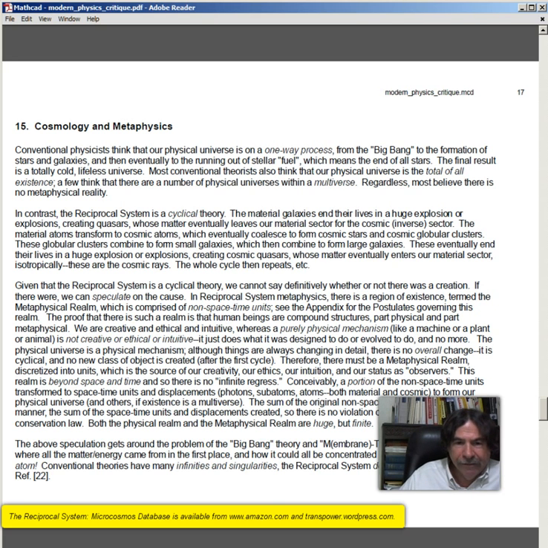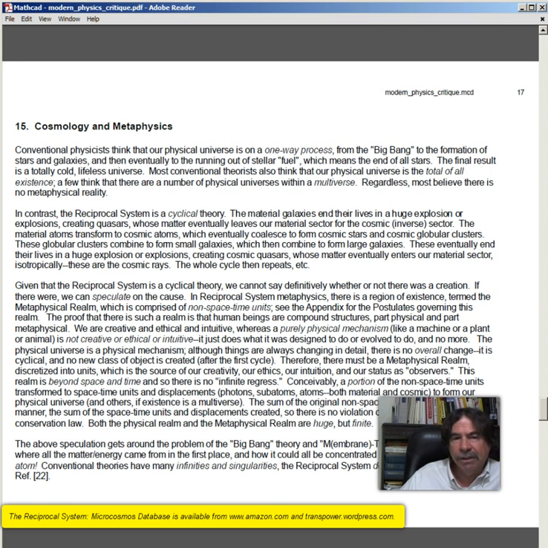Therefore, there must be a metaphysical realm discretized into units, which is the source of our creativity, our ethics, our intuition, and our status as observers. This realm is beyond space and time, and so there's no infinite regress. Conceivably, a portion of the non-space-time units transform to space-time units and displacements, photons, subatoms, atoms, both material and cosmic, to form our physical universe, and others of existence as a multiverse.